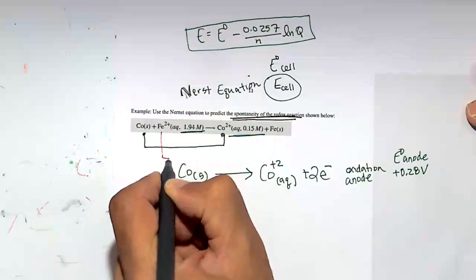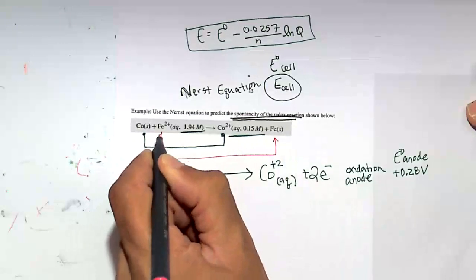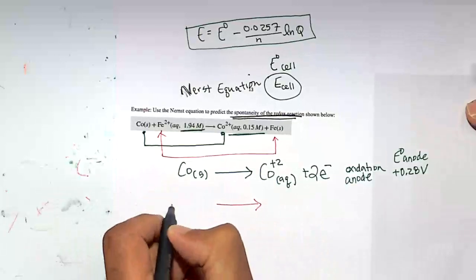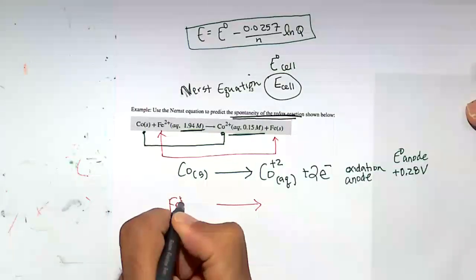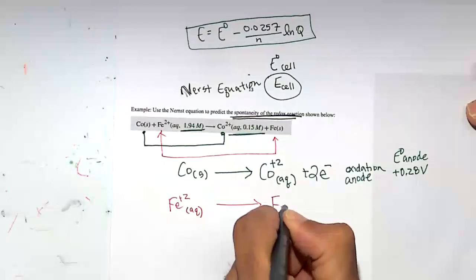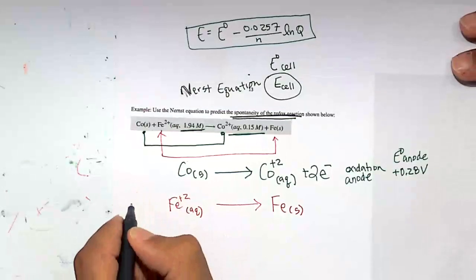All right, now in the pink, let's do iron 2+ going to iron solid. How many electrons and where do we put them?